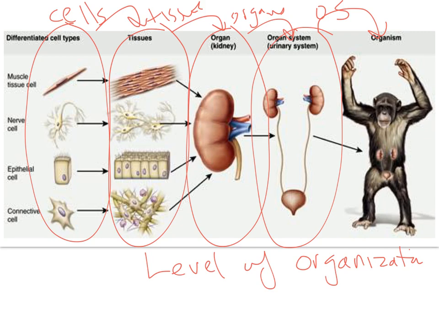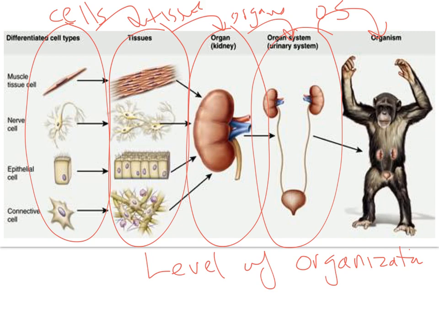So, for example, there are different types of cells. There are neuron cells, and there are epithelial cells, and there are different types of connective cells. And these form different tissues. So we have muscle tissue, nervous tissue, epithelial tissue, and connective tissue. These work together to form different organs, and in this picture we're talking about the kidney.